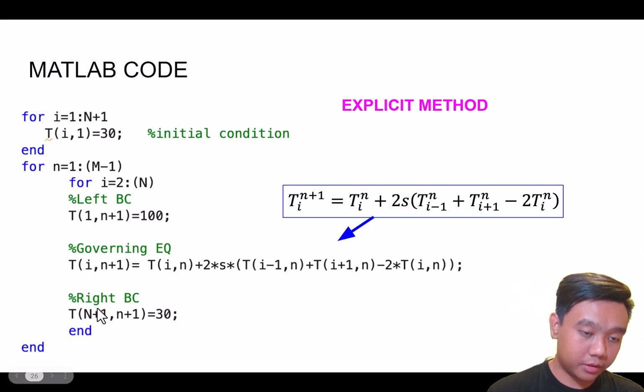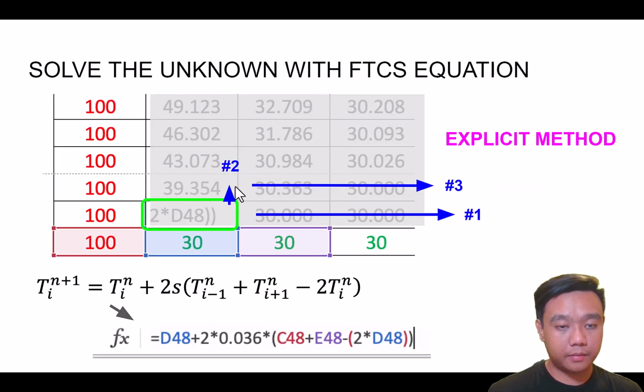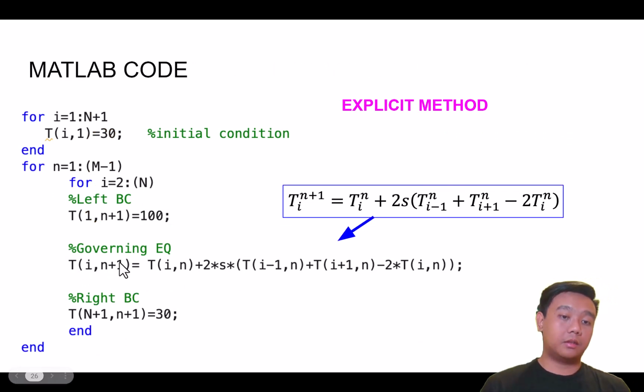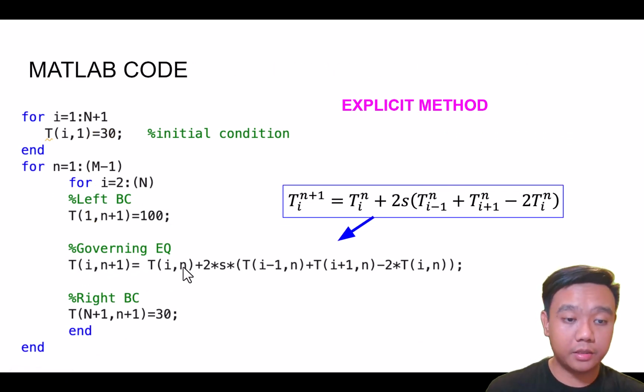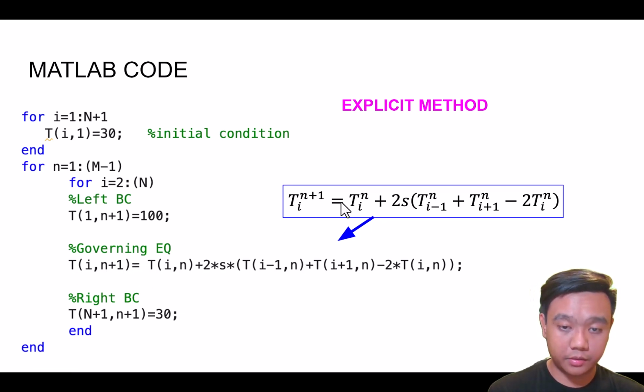Also for this one, n+1 here means that the rightmost part will be 30 degrees. And for the other parts, the unknown parts, we will define the governing equations, which we discussed previously. Here it is actually just the same as this, so you can write it down like this.